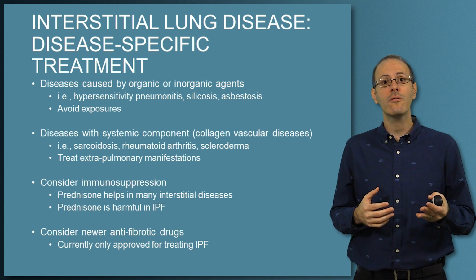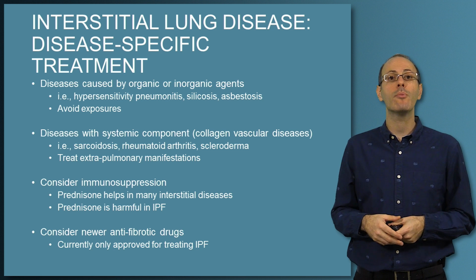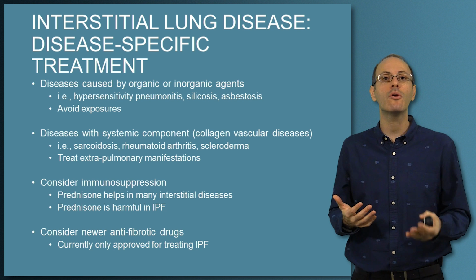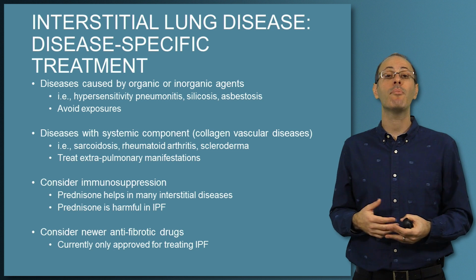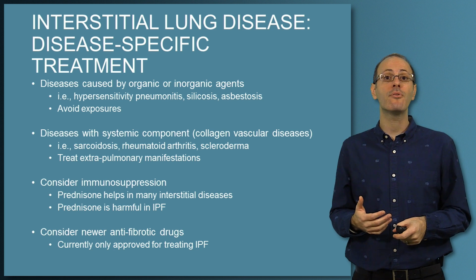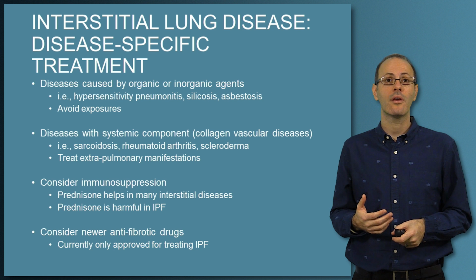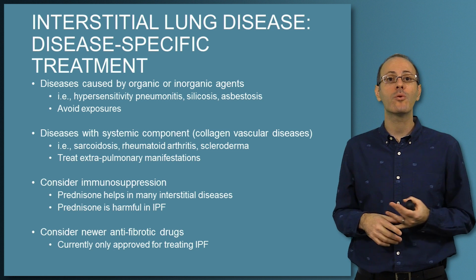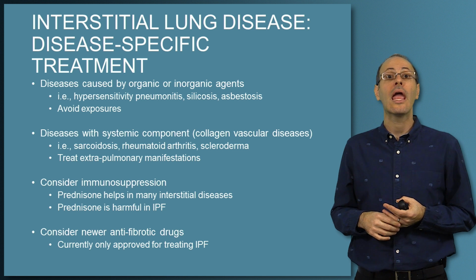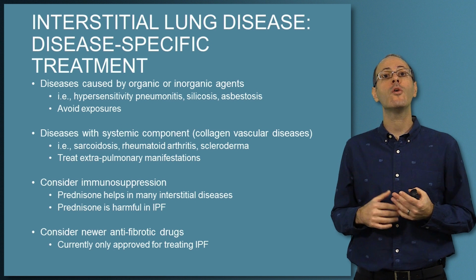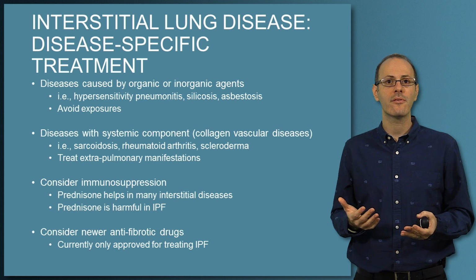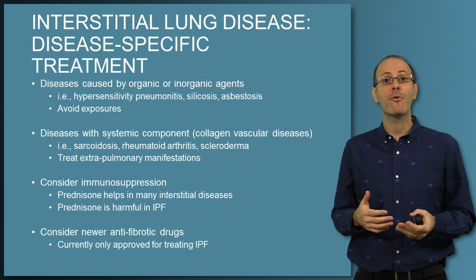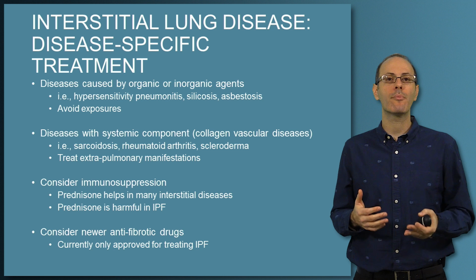In these conditions, we might consider using immunosuppression. In particular, drugs like prednisone, which is a potent immunosuppressive medicine, can be very helpful to many types of interstitial lung disease. However, prednisone has lots of side effects and needs to be used with caution. In particular, in the world of interstitial lung diseases, there's one specific disease called IPF, or idiopathic pulmonary fibrosis.